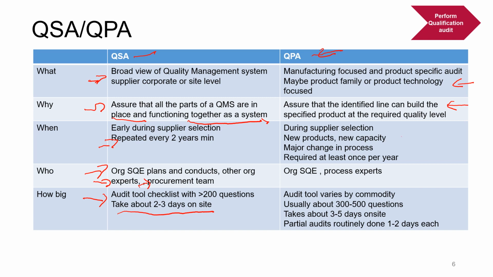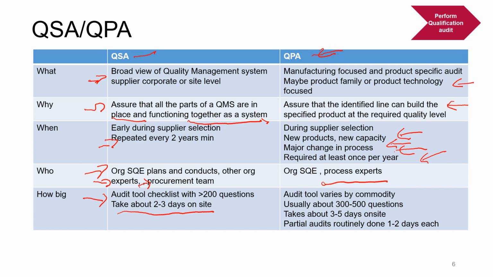Then it should be done either during supplier selection when there's a new product, new facilities or new capacity, new line, any major changes in the process. And normally, as a rule of thumb, it should be at least once per year. And it should be done by the organization's SQE, and also the process expert.